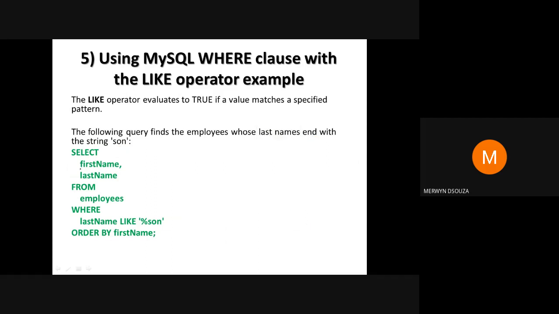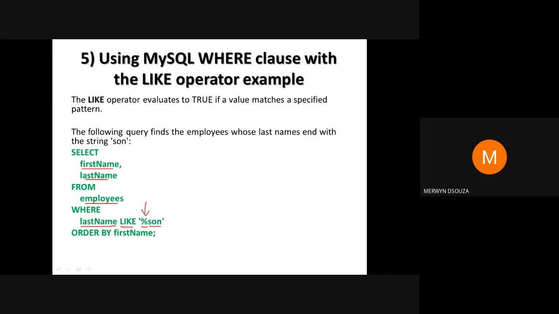Let's see how to write the query. We select the 2 columns that we want to be displayed. So we say first name, last name from the employees table. Then we mention where last name, using this keyword like. We use this percent sign to mention that before these letters SON, any alphabets are allowed.